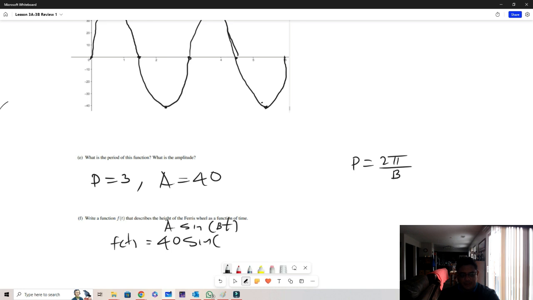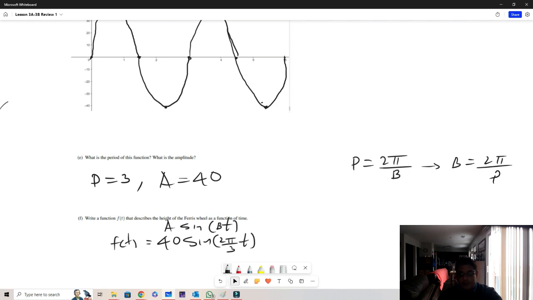The period is 2 pi over b, so that means that b is 2 pi over the period. Since the period is 3, this means that b is 2 pi over 3. Okay? And so that is the function that completely describes this movement in terms of time.